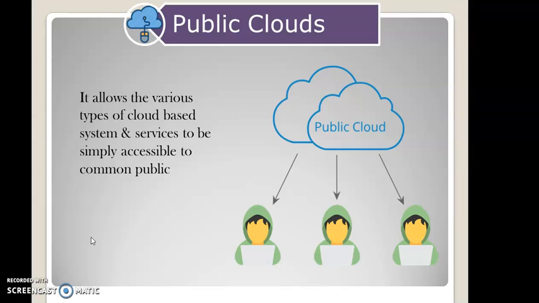The public cloud model you can see in this image. So here 1, 2 and 3 are the 3 users, user A and user B, all accessing the services that are available on the cloud. So that means services are accessible to all the public. No access rights are reserved in this cloud.